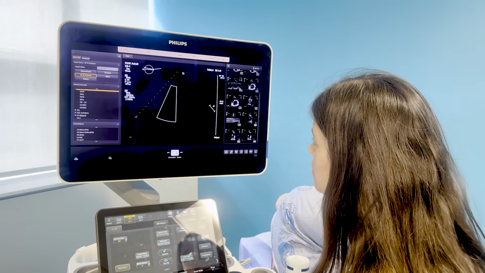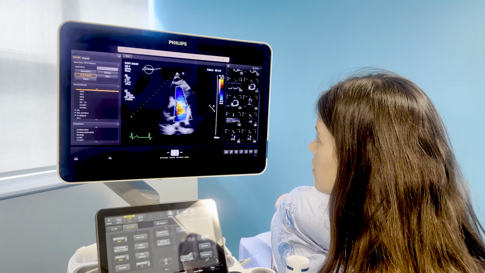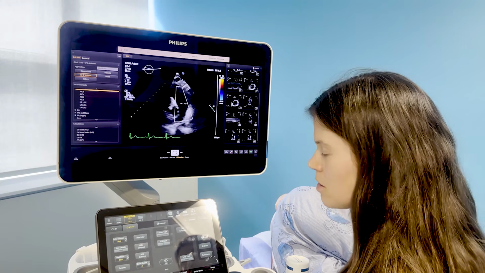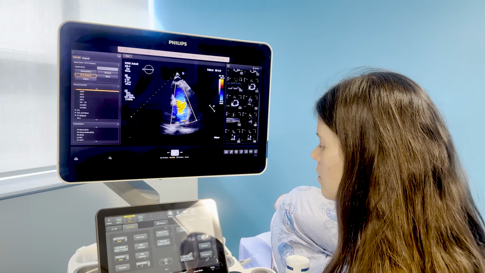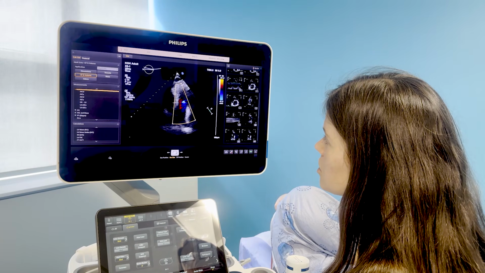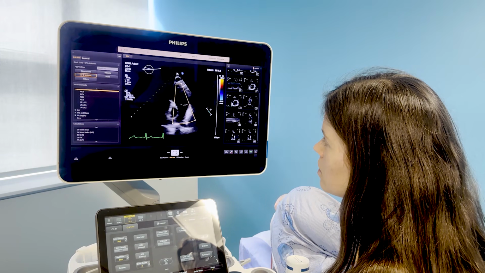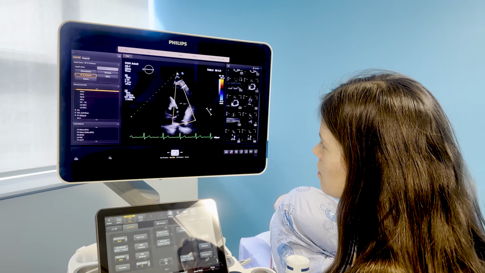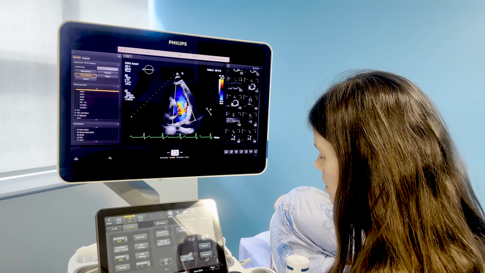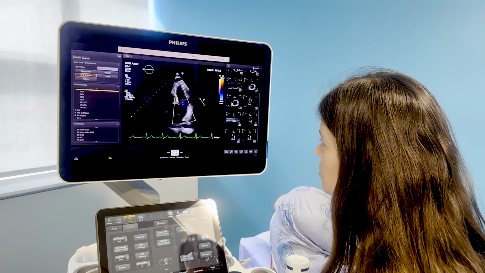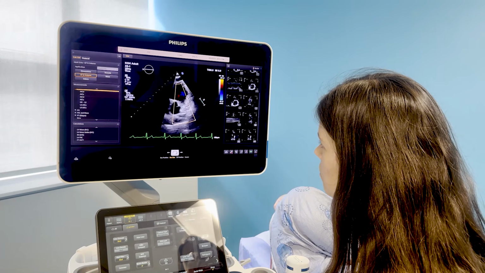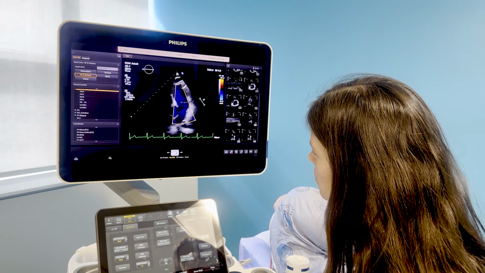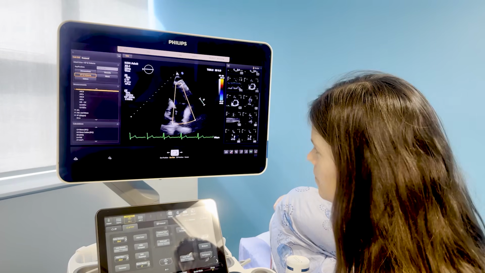So you do want to optimize your color flow. Frame rate's not bad here, but you can also narrow your sector width just to get a higher frame rate. I'm just looking at the color flow, and I want to see a little bit of regurgitant jet through the pulmonic valve. Again, we don't happen to have too much right now.